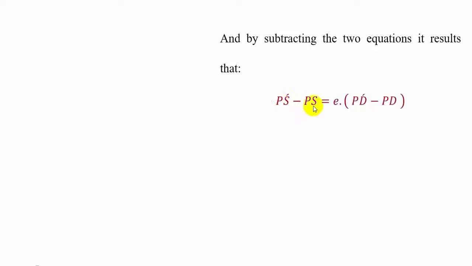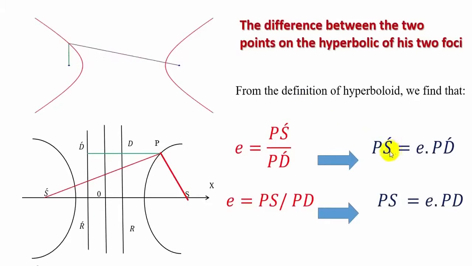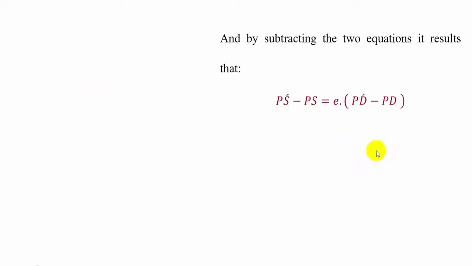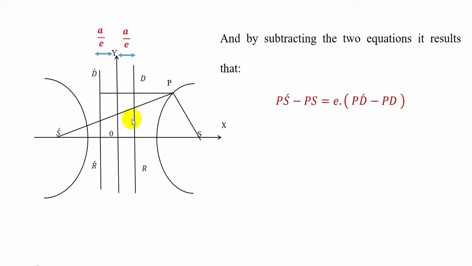I want to get BS dash minus BS. That one minus this one. What will be the difference of both? Of course it will be that one minus this one. So see what I'm talking about? Here I get the common factor e outside, and it will be BD dash minus BD. Okay, let's continue.